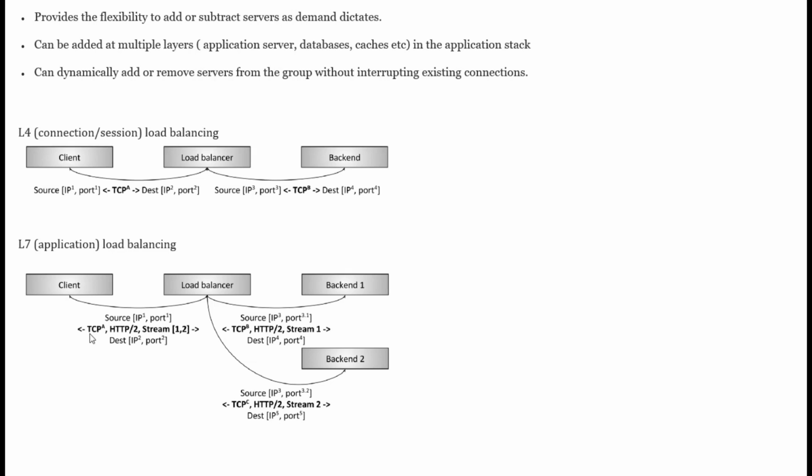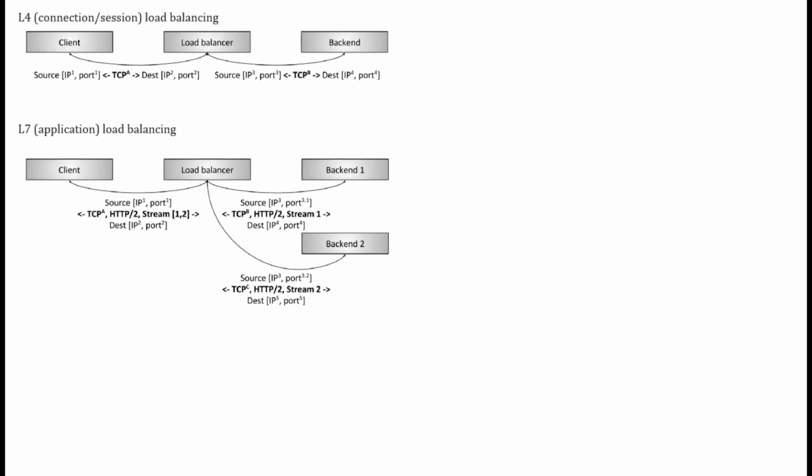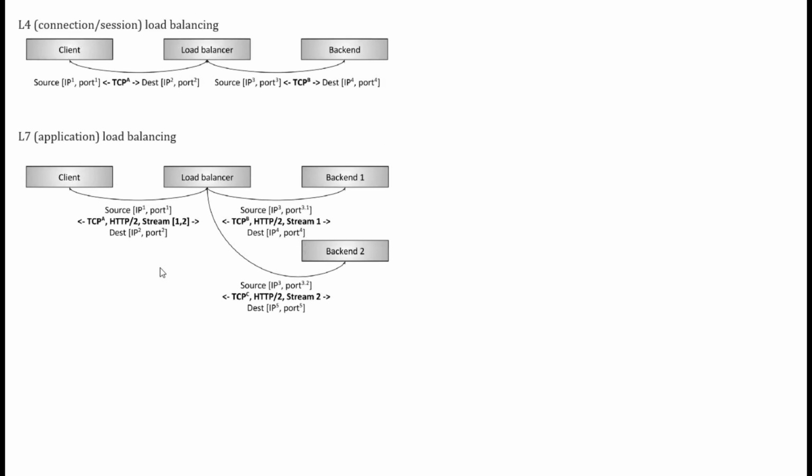We will do the data matching, and on the basis of that we will redirect our request to the respective server. Here you can clearly see that in HTTP we can check the headers of that request, and on that basis we can redirect our request to the respective backend server. So these are the layer load balancing.